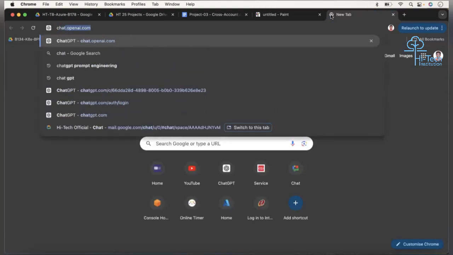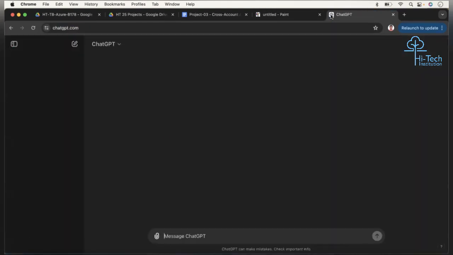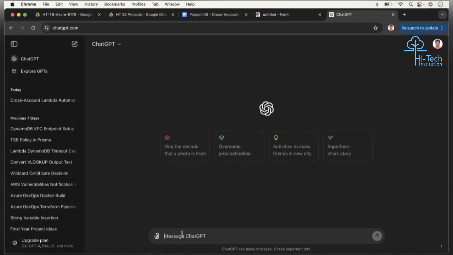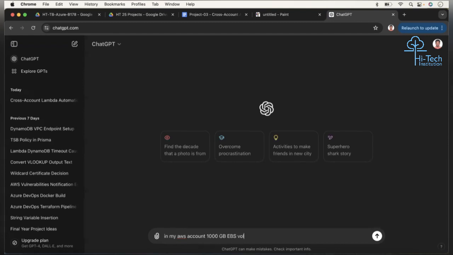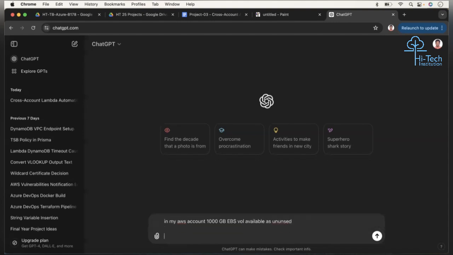1000 GB. Let me open ChatGPT. Let's ask ChatGPT how much it costs. In my AWS account, I have 1000 GB EBS volume available plus unused. How much should it bill me every month?